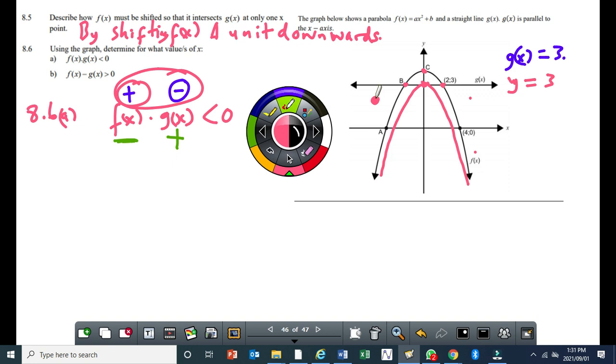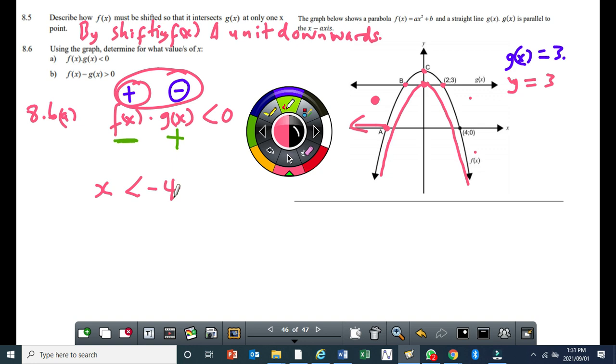But from this point going towards the left, the y values for f of x are negative, whilst the y values for g of x are positive. Therefore, the answer here is going to be x must be less than minus 4. X must be less than minus 4.